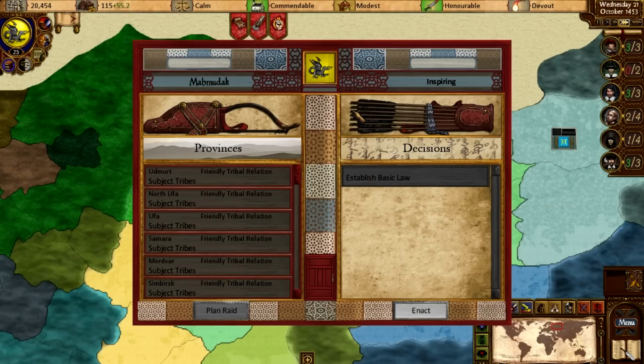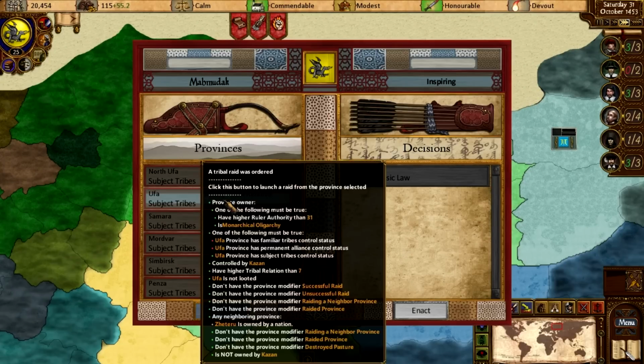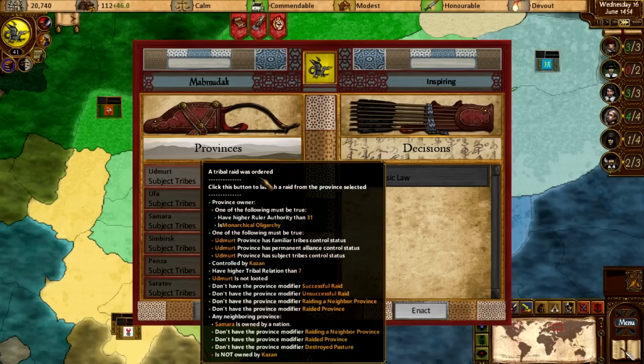Now here we have provinces, and in these provinces I can plan raids. I was going to say that tribal raids are a special function of the tribal systems, and basically they are province decisions that you can enact if you meet the requirements.